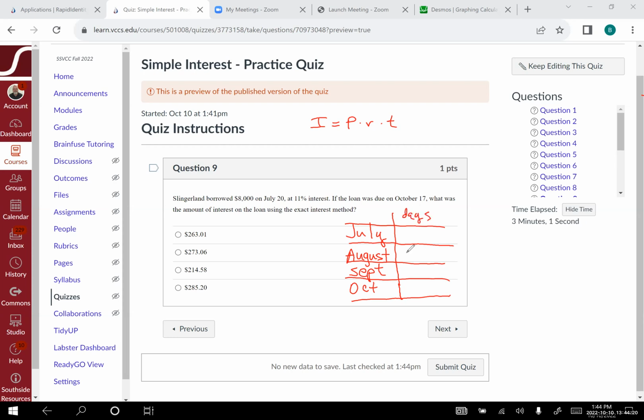Let me start with the two easy ones. It's all of August. So that's 31 days in August. It's all of September. So there's 30 days in September.